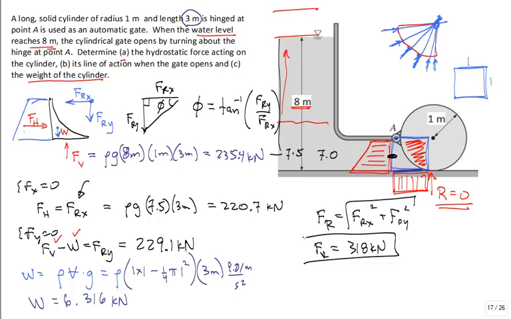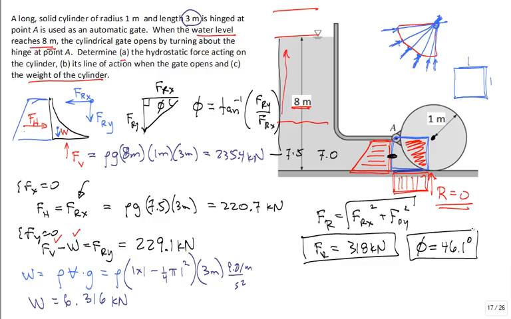That's part of the answer for part A. For part B, it's the line of action when the gate opens. Well, first of all, we will describe that line of action as going through this point of the cylinder by the angle phi. We already talked about that angle phi. And so that phi, when I calculate inverse tangent, comes in at 46.1 degrees.